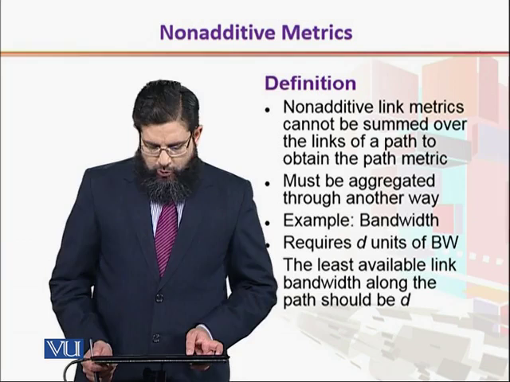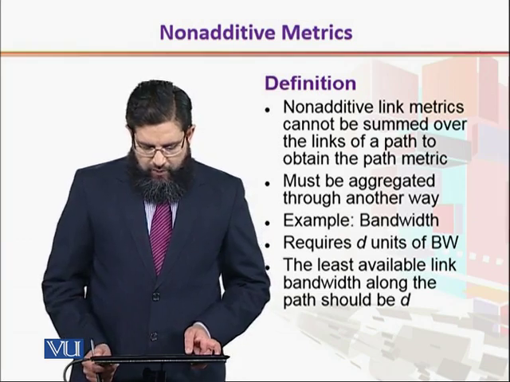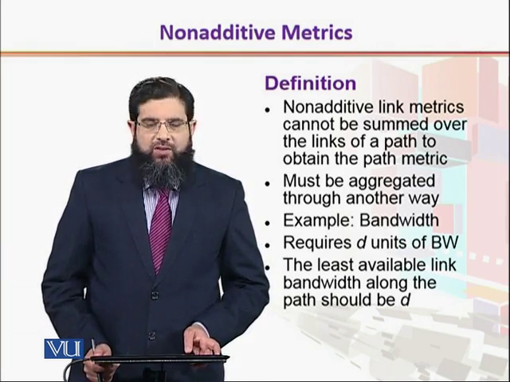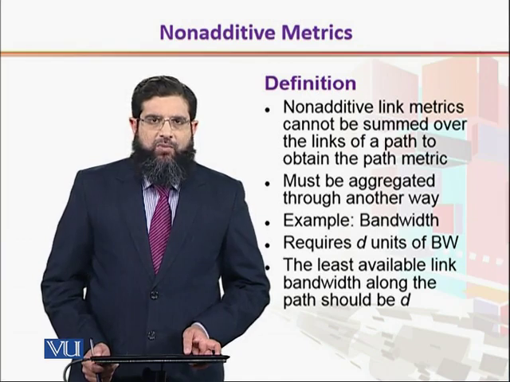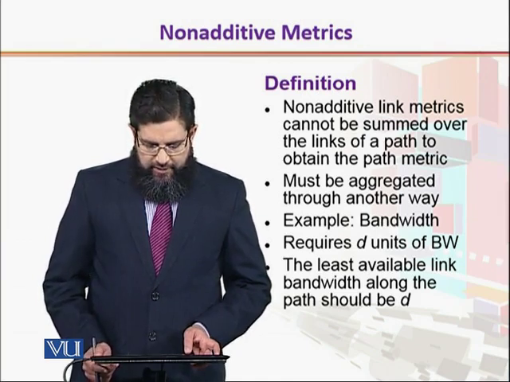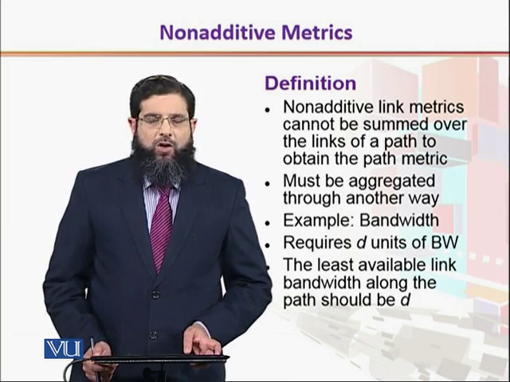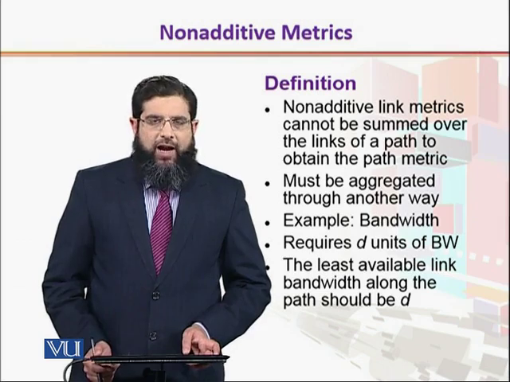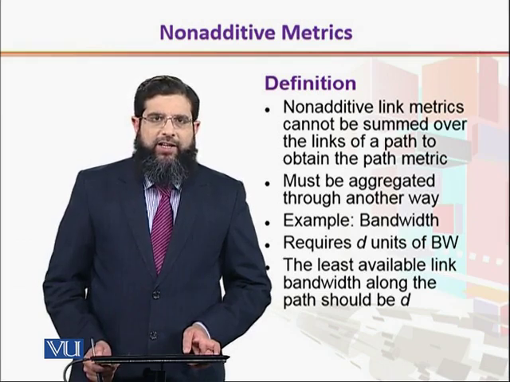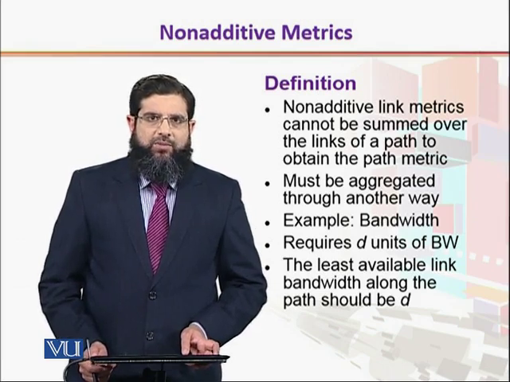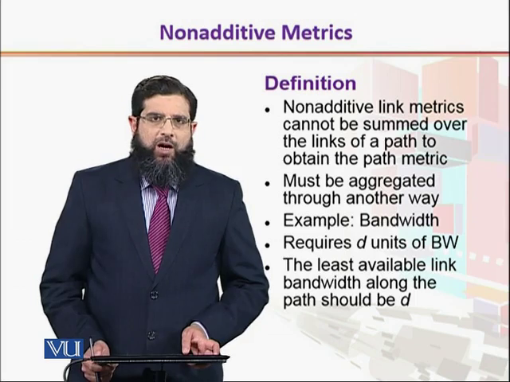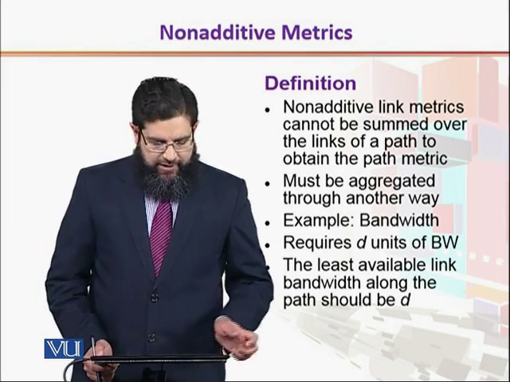Instead, what we'll assume is that if the flow requires d units of bandwidth and each link has a certain capacity of bandwidth, then the available link bandwidth along the path would be the minimum of all. And if the requirement is, say, d bandwidth units per second, in that case, each link on that path should support at least d.